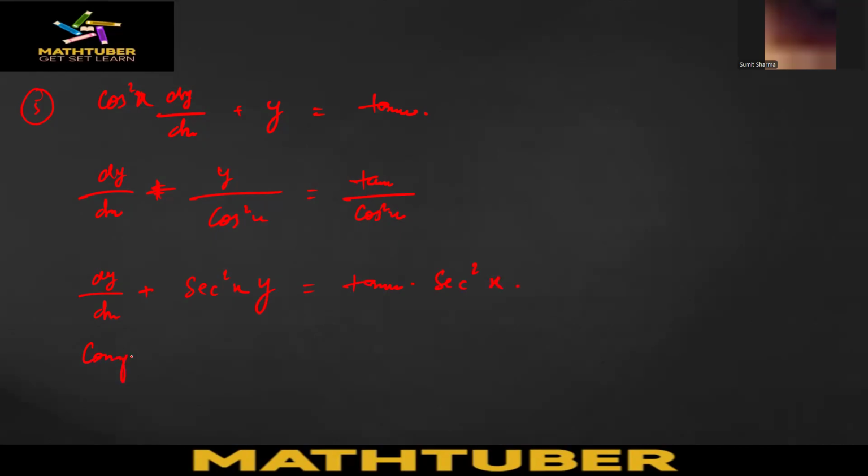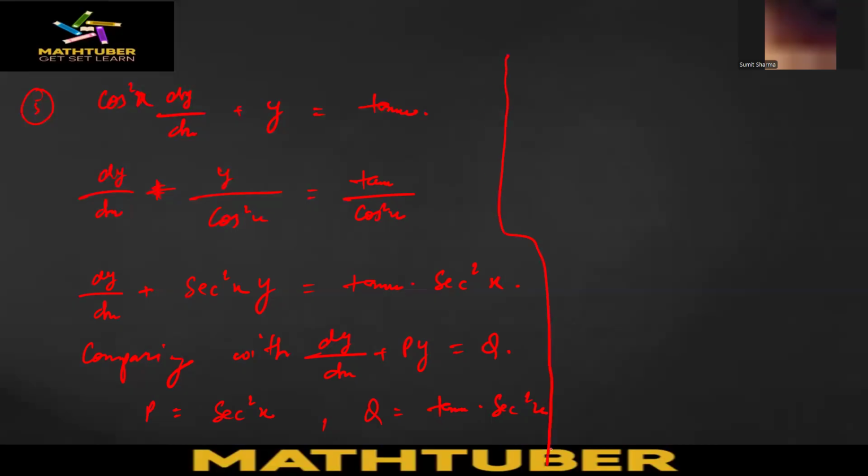Now we can compare it with the standard form, dy by dx plus py equal to q. So comparing it, the coefficient of y is p, so p is sec square x, and the value of q is tan x into sec square x.